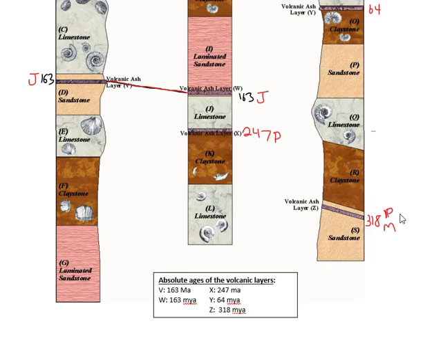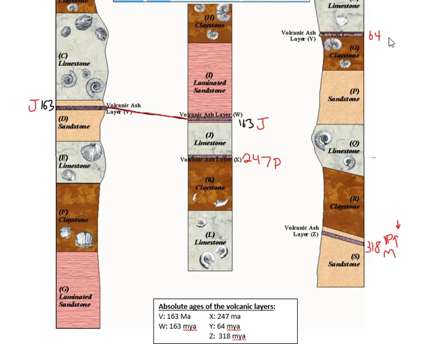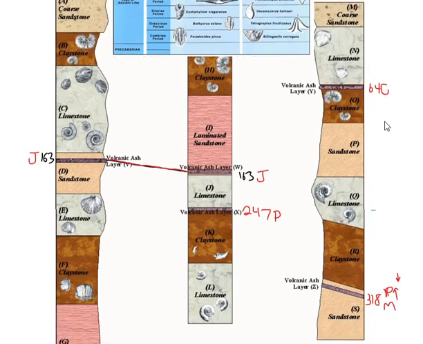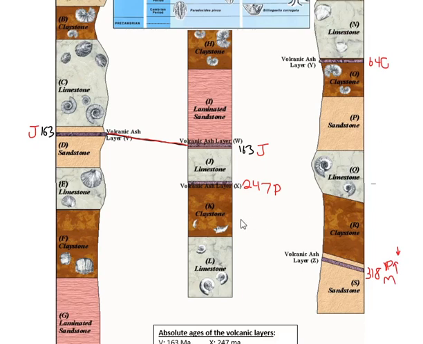Everything above that is Pennsylvanian and everything below it is Mississippian. Okay, 64 is really close to the boundary of the Cretaceous, so we're going to put a C here for Cretaceous. Okay, so those are all the absolute ages we have from volcanic layers.